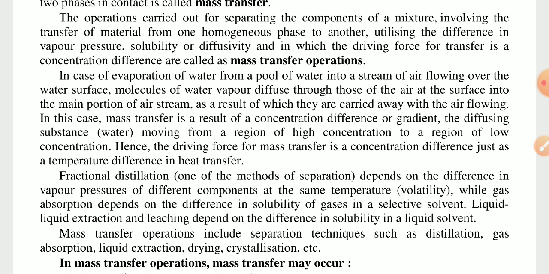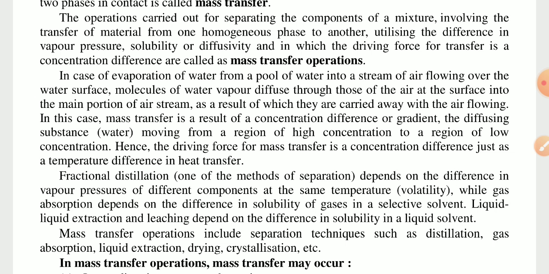Take the case of evaporation of water from a pool of water into a stream of air flowing over the water surface. Some molecules of water vapor diffuse through those of the air from the surface into the main portion of the air stream, and are carried away with the flowing air.